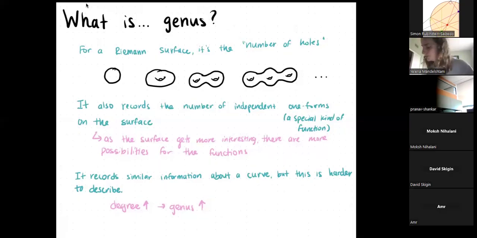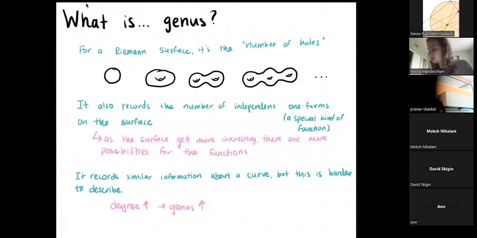But it records the number of independent special functions on the surface. As your surface gets more interesting and gets more holes, there are more things your functions can do. So as your genus increases, you also get more of these functions. If your genus is g, then you have g independent one forms on your surface.